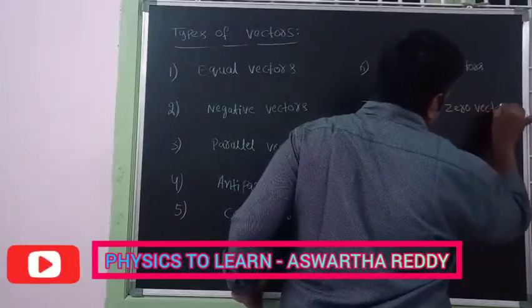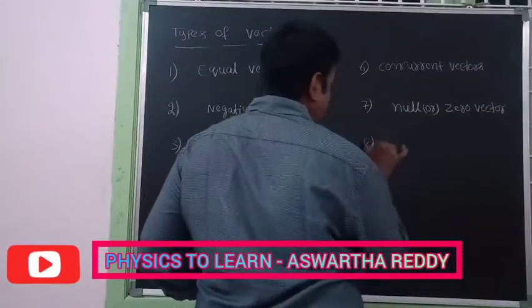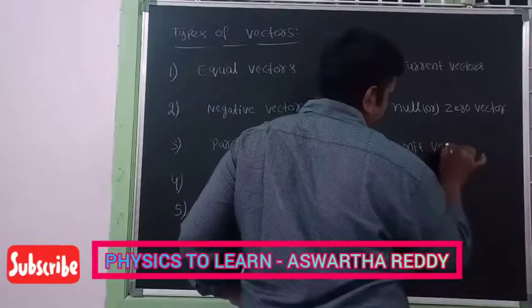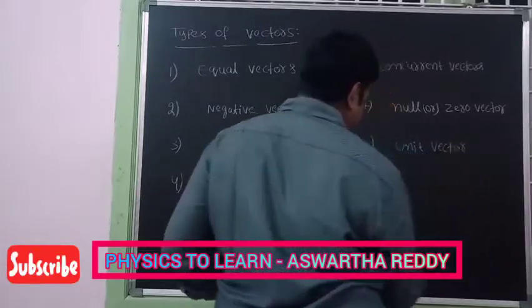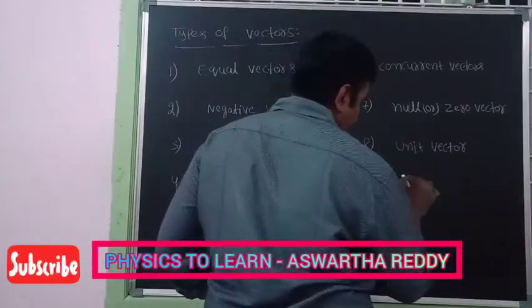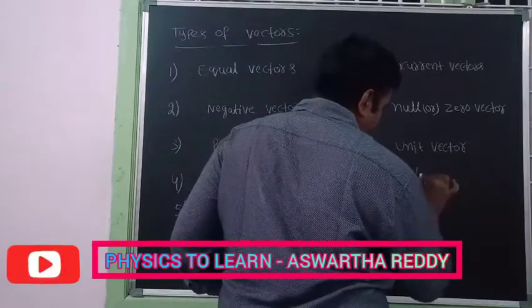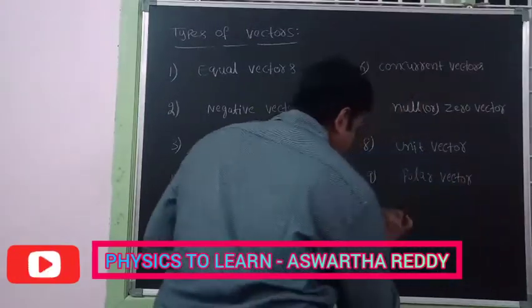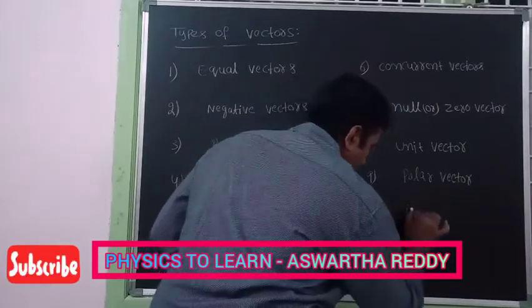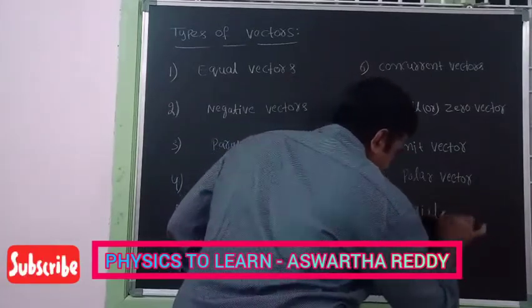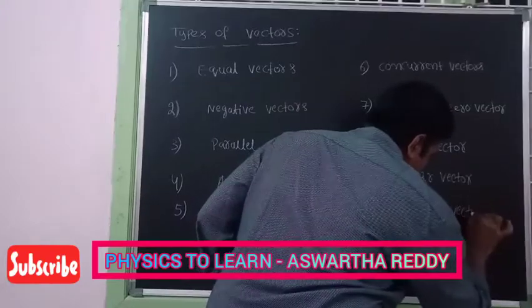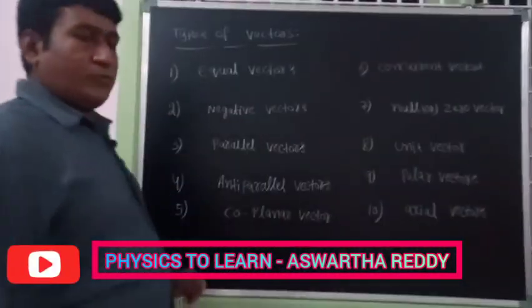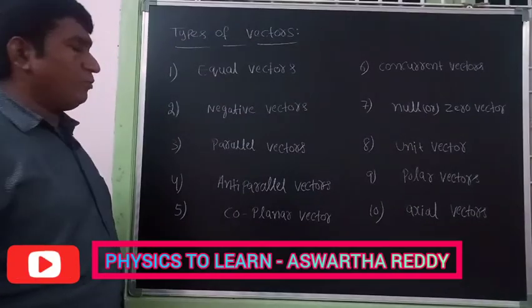Then unit vector, polar vector, and then axial vectors. So these are the types which we are going to discuss.